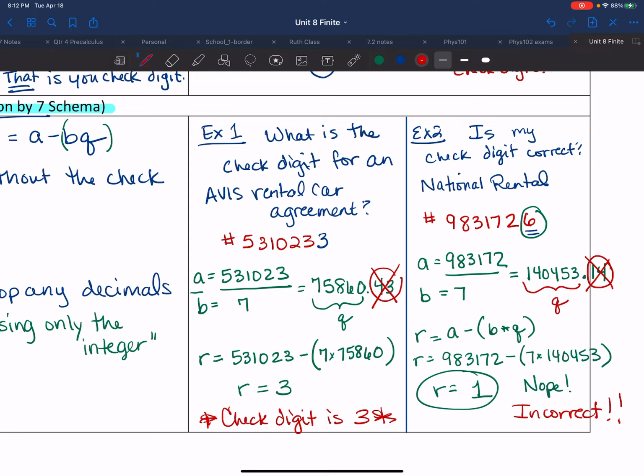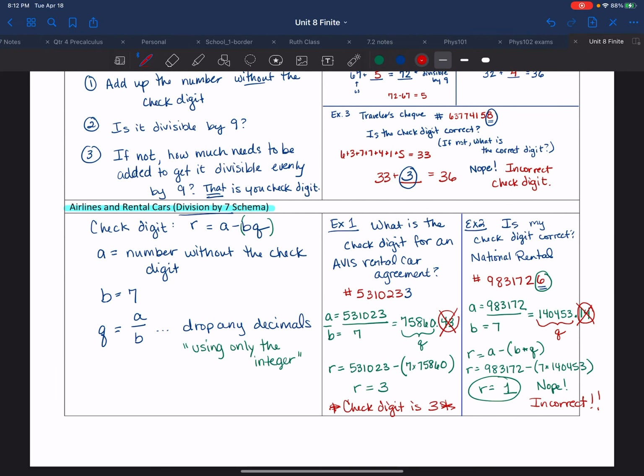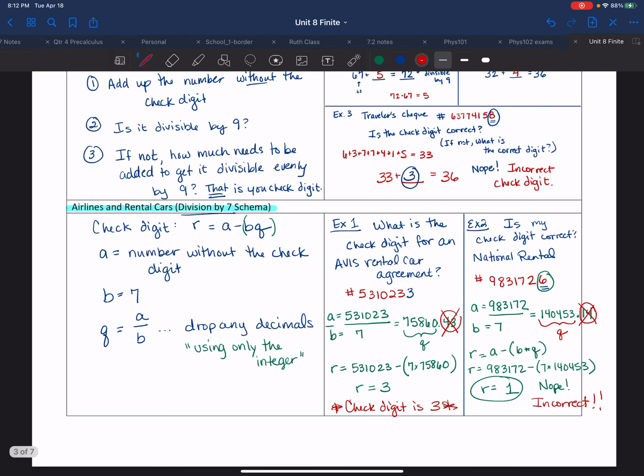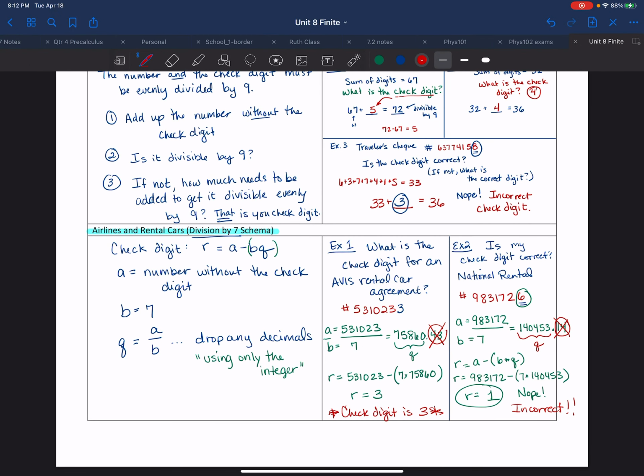Okay, so now that we've been through this, what I want you to do is go back into your notes and do monitoring progress number 1, numbers 1 through 5.